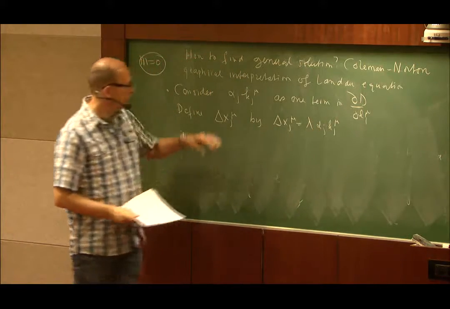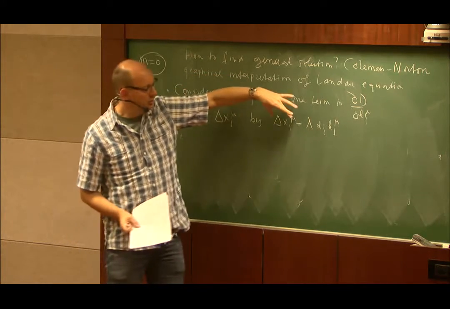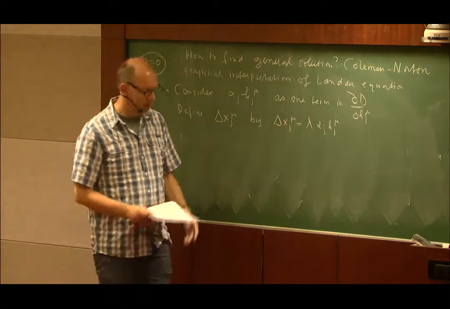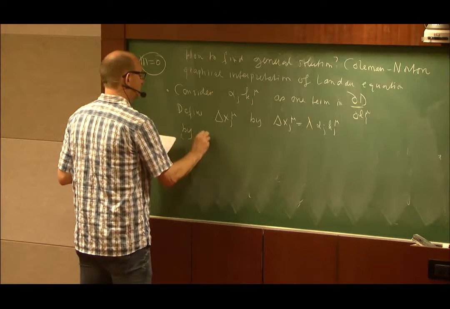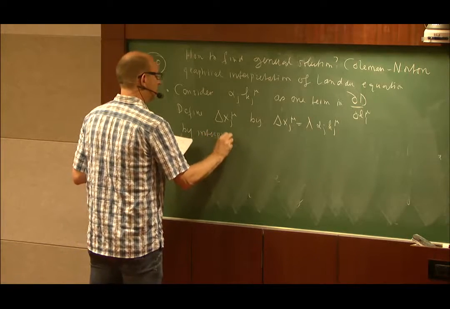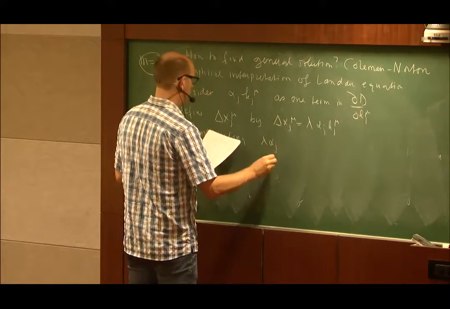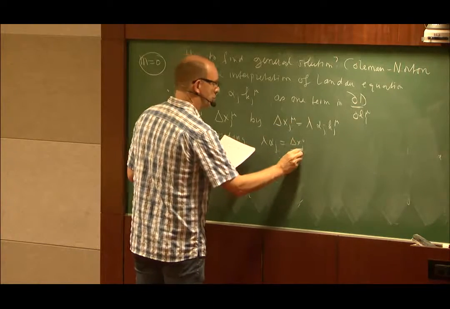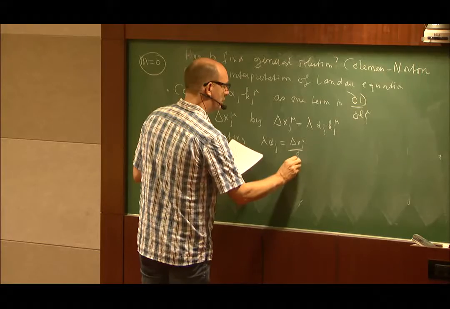So I'm turning this bit of momentum with a mu index into a bit of space-time displacement with a mu index, by interpreting lambda alpha j as nothing but the time component of this displacement divided by the energy of that line.